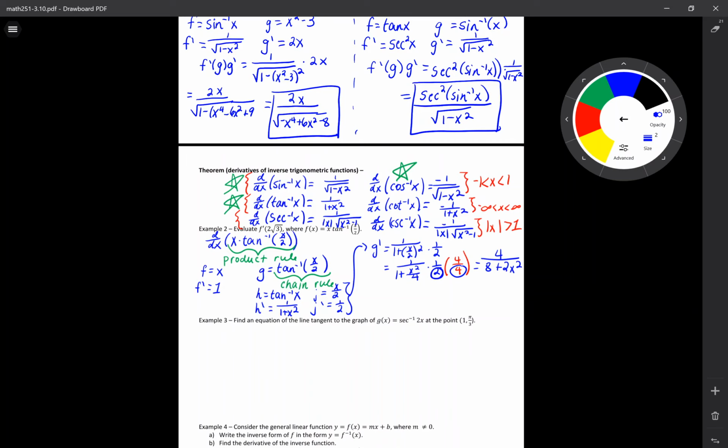So now I have f, f prime, g, and g prime, and now I can plug into the product rule.